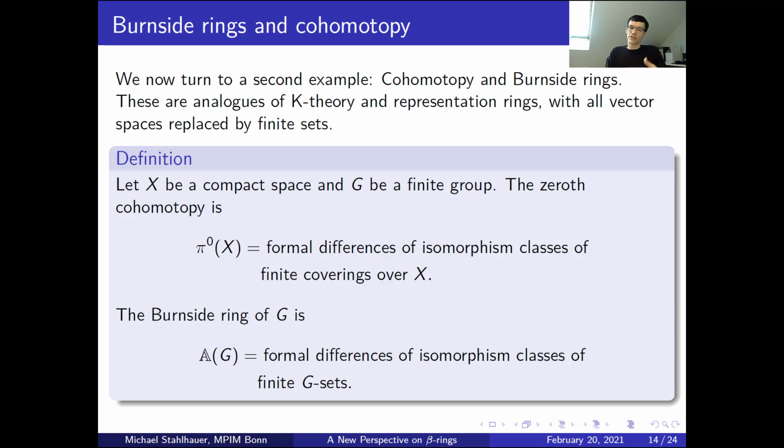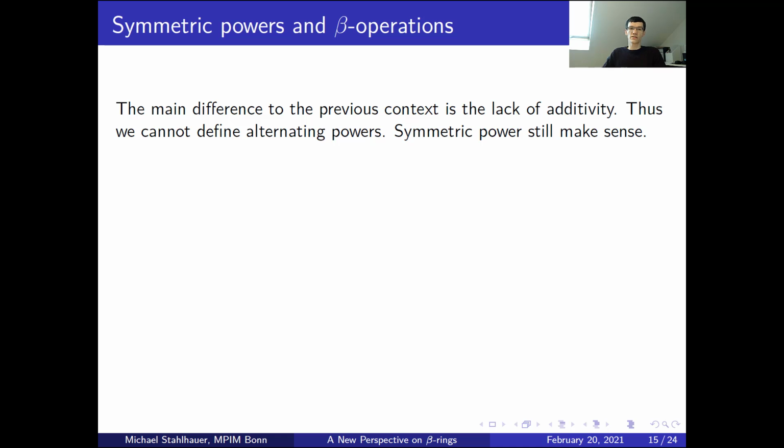And we can now try to also define power operations here. And we see that the main difference to the context before is that we don't have any additivity inside finite sets. So in vector spaces you can add elements, in finite sets you cannot. And this means that we cannot define alternating powers, because those had a minus sign in there, and minus signs don't make sense in finite sets.